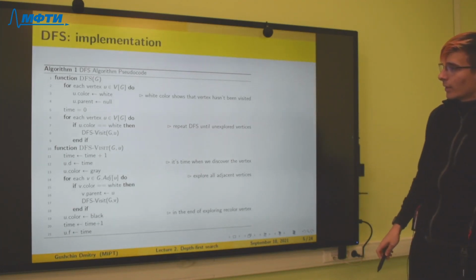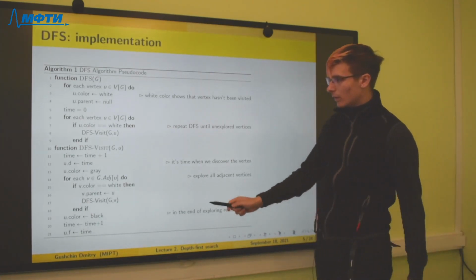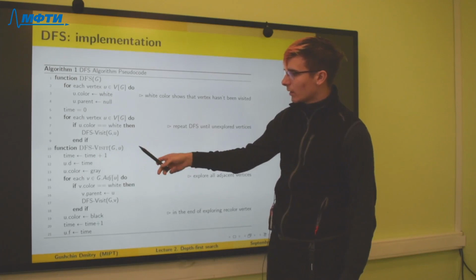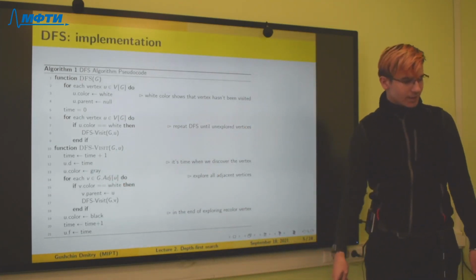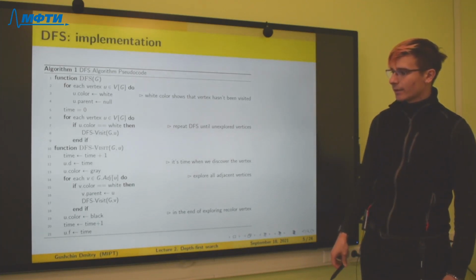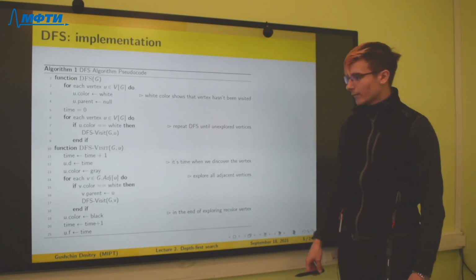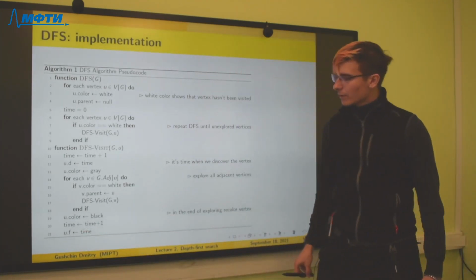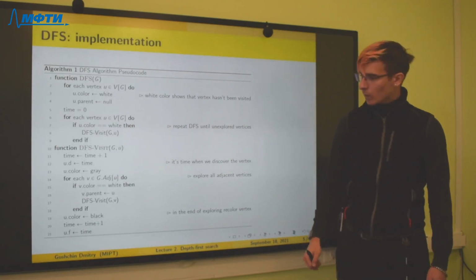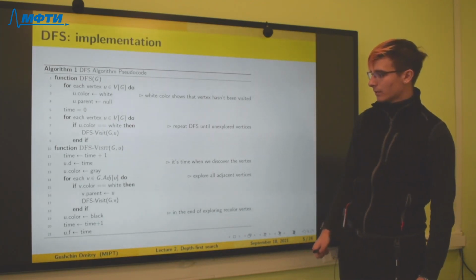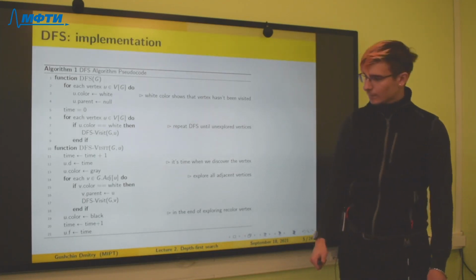So time is equal to, for example, real time. So we say that U.d is equal to the time when we discover our vertex U, and U.f is equal to the time when we finish exploring adjacent vertices.